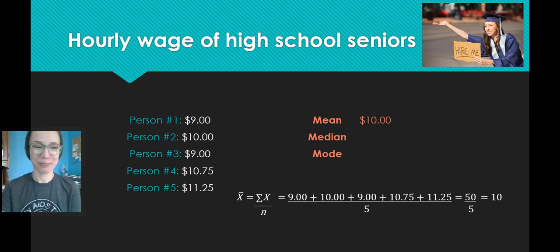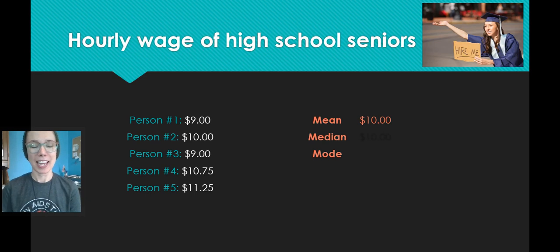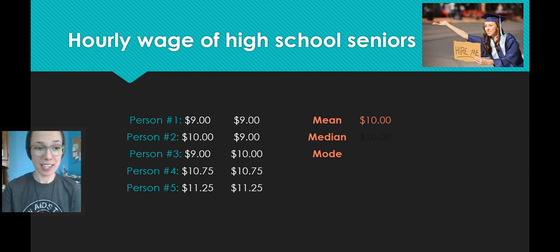Median. Again, helpful to map out those data points. So see if you can figure out what is the median here. Pause the video if you need another minute. All right, so when I map out these numbers, I can see that middle point is going to be $10.